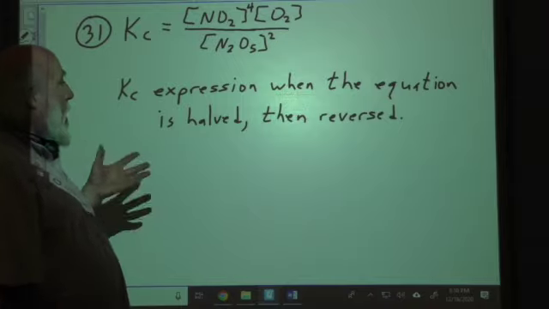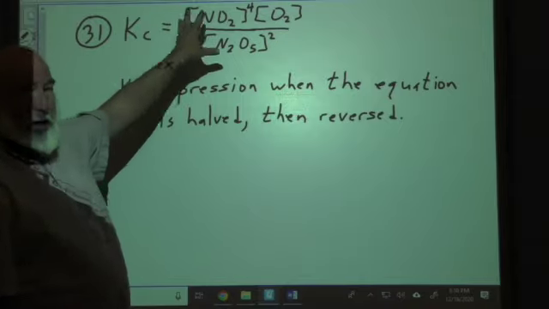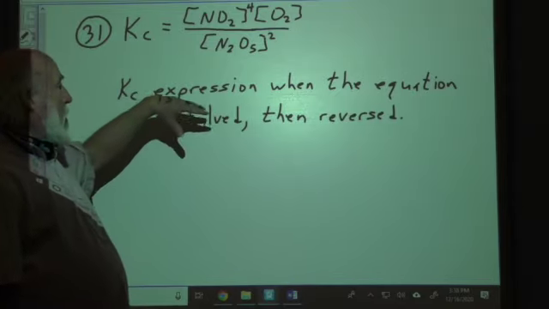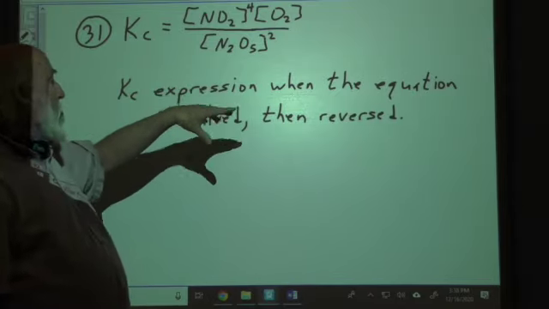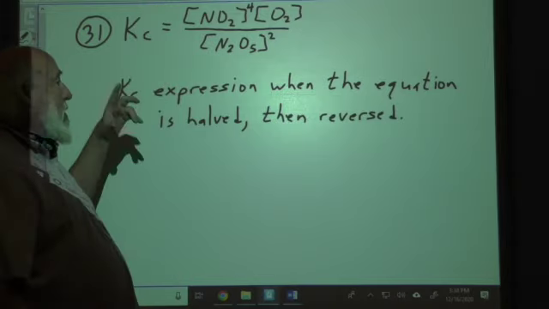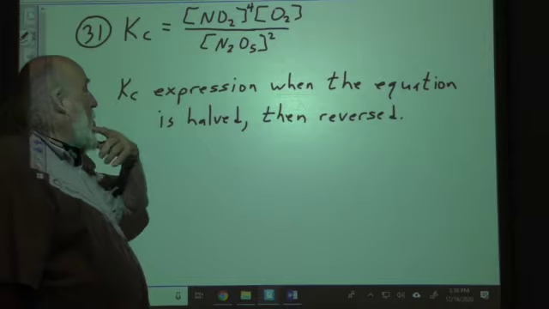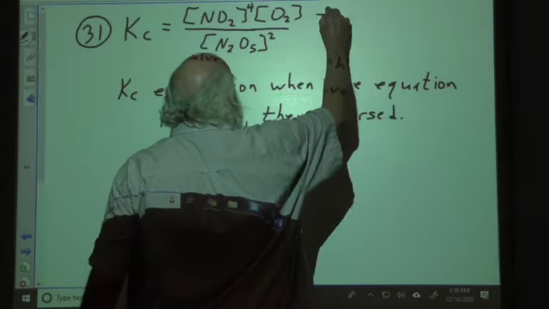Okay, the last problem, number 31, we have this Kc value or expression here, and they want to know what the expression is going to be when the equation that this is based upon is halved and then reversed. Okay? So, remember, these are the products.